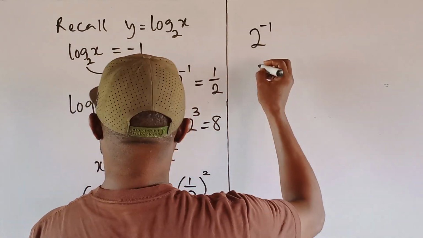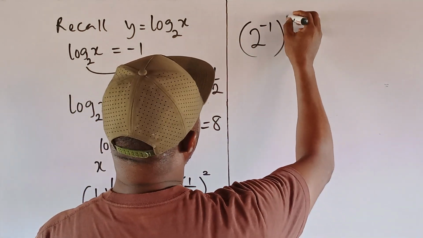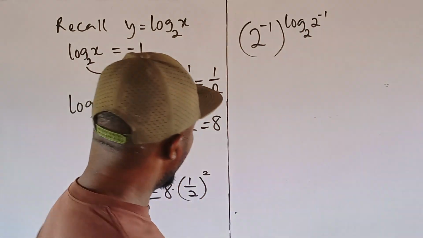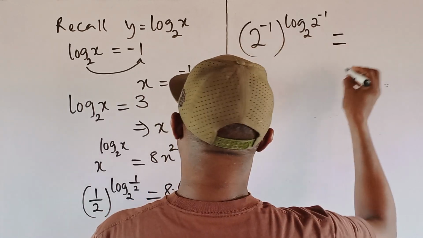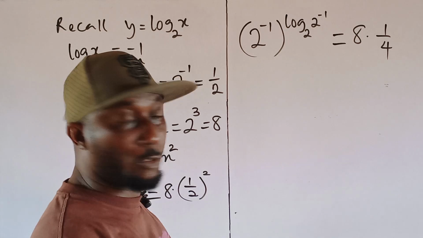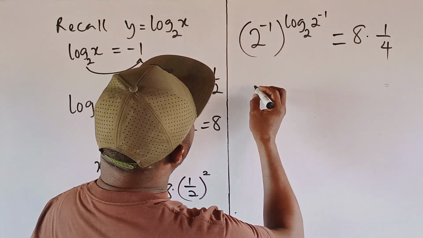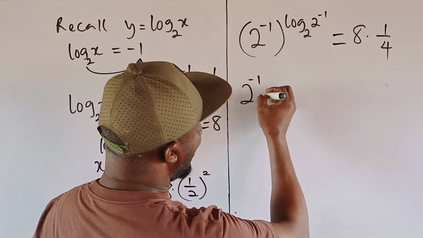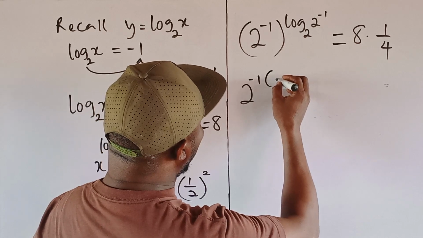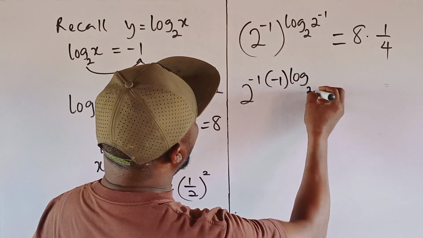So 2 to the negative 1, to the power of log to base 2 of 2 to the negative 1. Is it going to be equal to 8 times 1 over 4, which should be 2? So we have 2 to the negative 1, then multiply negative 1 log to base 2 of the argument 2.